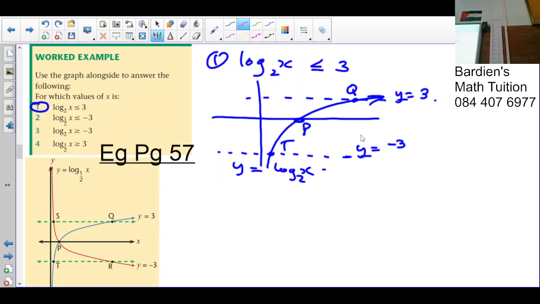By saying log x base 2 is equal to 3. So solve for x for me. Log x base 2 is equal to 3. So x is equal to what value? Value of 8.